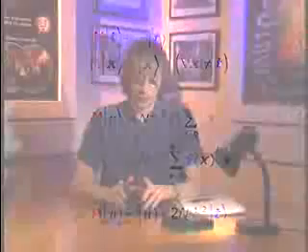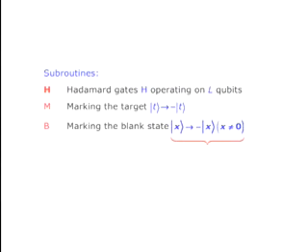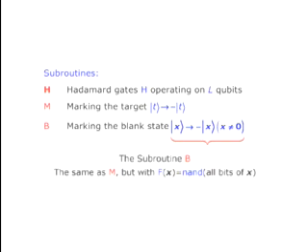The third subroutine, which I'll call B, is just marking the blank state. Or for convenience, actually, we're going to mark everything but the blank state. So this operation is like M, except that instead of the oracle, it uses a network that performs the NAND operation on all L inputs and exclusive ORs the result into the auxiliary qubit.